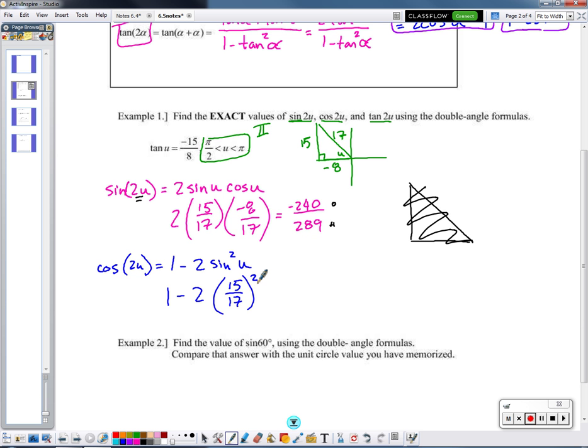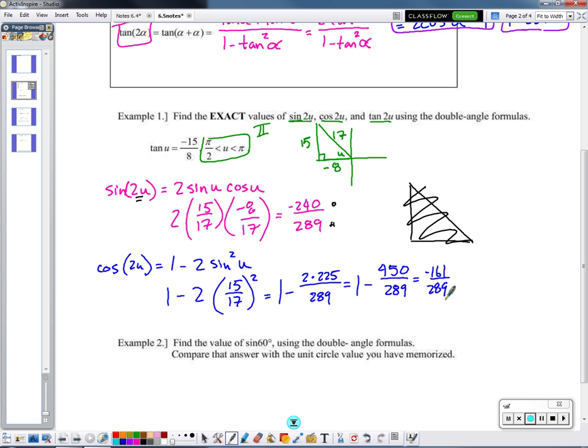When I simplify this, I'm going to end up with 1 minus 2 times 15 squared, which is 225, all over 289. And when I take away 1 from 450 over 289, I end up with a negative, because 450 over 289 is bigger than 1, a negative 161 over 289.